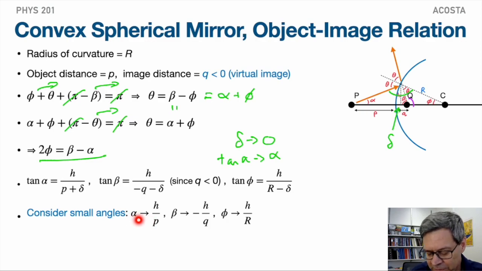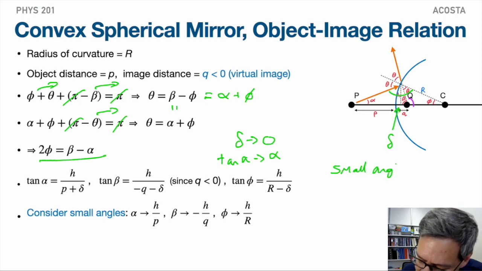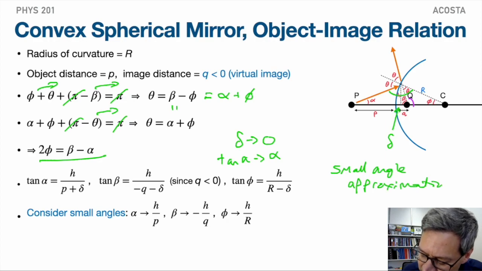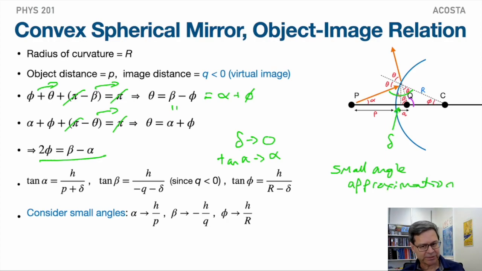Beta just becomes h over minus q, and phi just becomes h over r from the tangent of phi. So same trick as before, we're doing the small angle approximation. I'll just write it down. Small angle approximation.